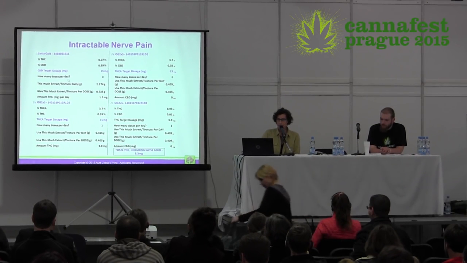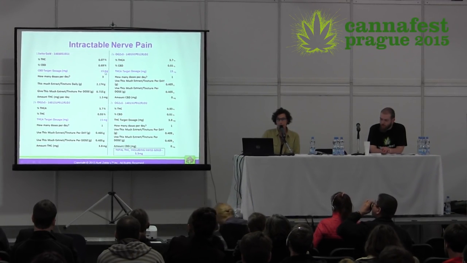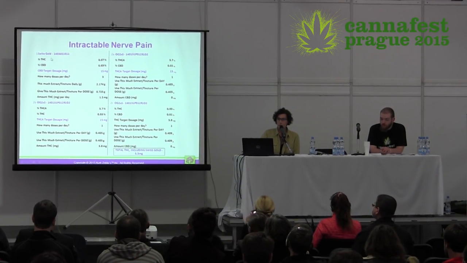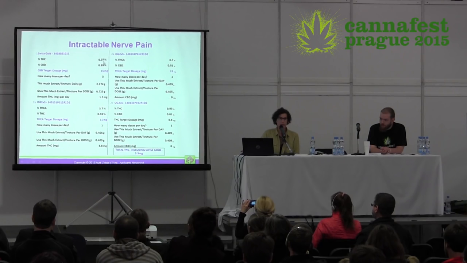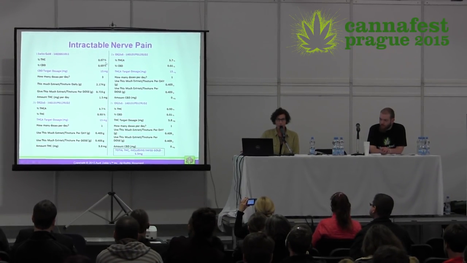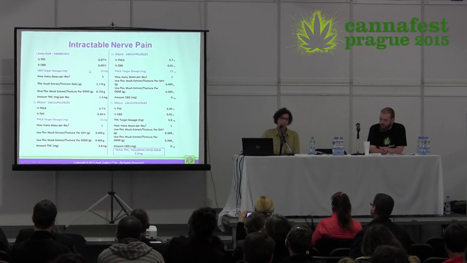So in this case, we wanted her to have 3 doses a day with 15 milligrams of the CBD. Within the Swiss Gold itself, because it had 0.07% THC in it as well within the tincture, or the infused oil, by taking the 15 milligrams here 3 times a day, 15 milligrams per day in 3 doses.